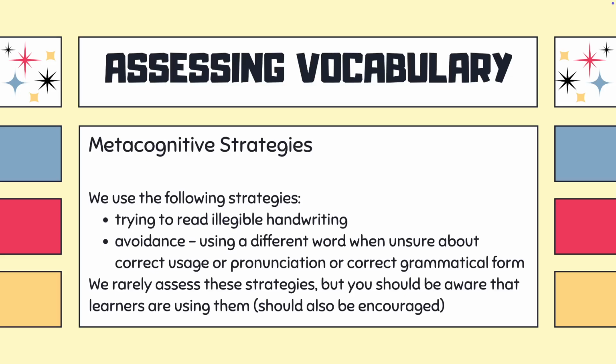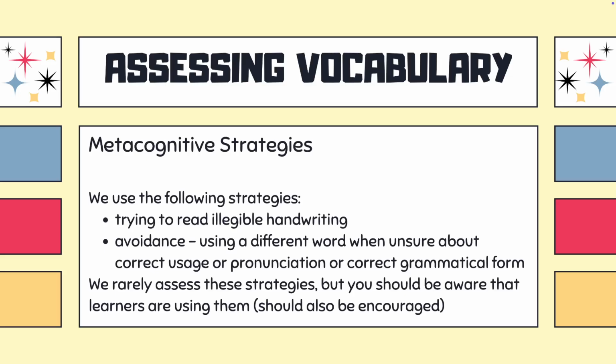Okay, now metacognitive strategies. So if you've ever learned this word, or haven't, I guess I should say, metacognitive means that this is the knowledge you have of your ability or of your knowledge. So in your brain, you use certain strategies and you know what your strategies are, what you do to learn vocabulary. So for example, we use the following strategies.